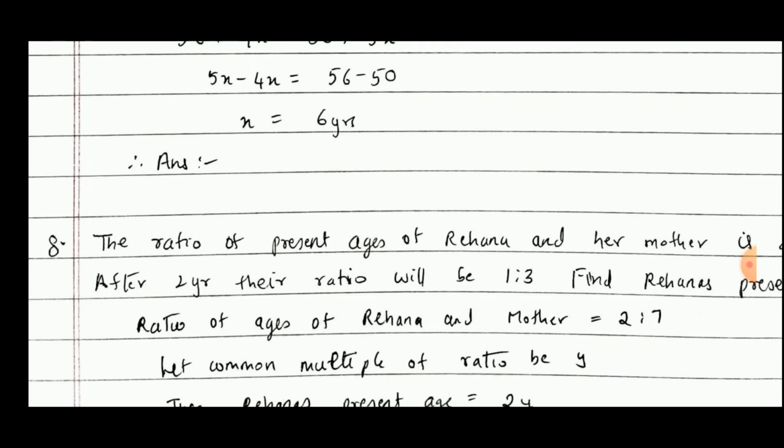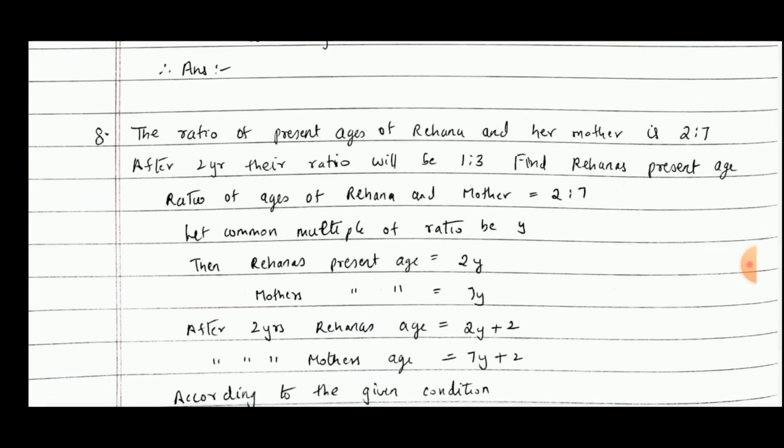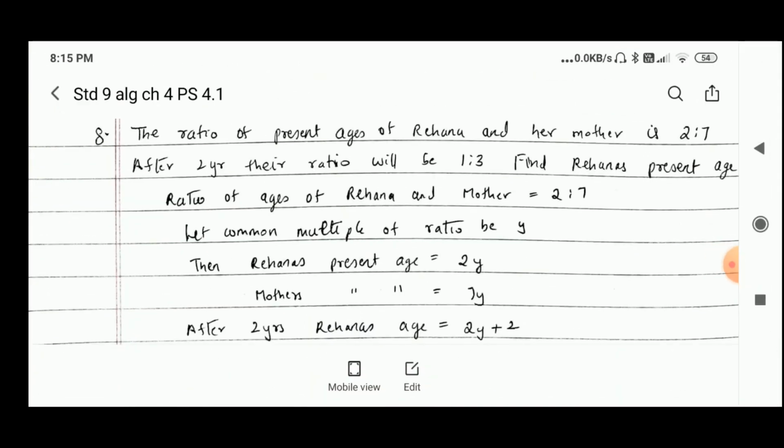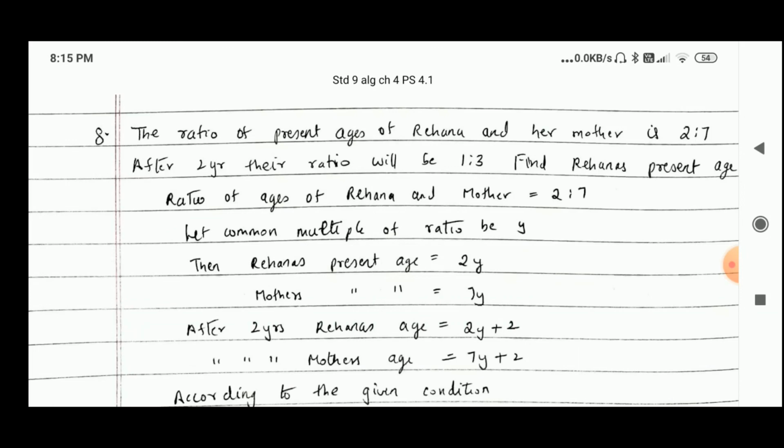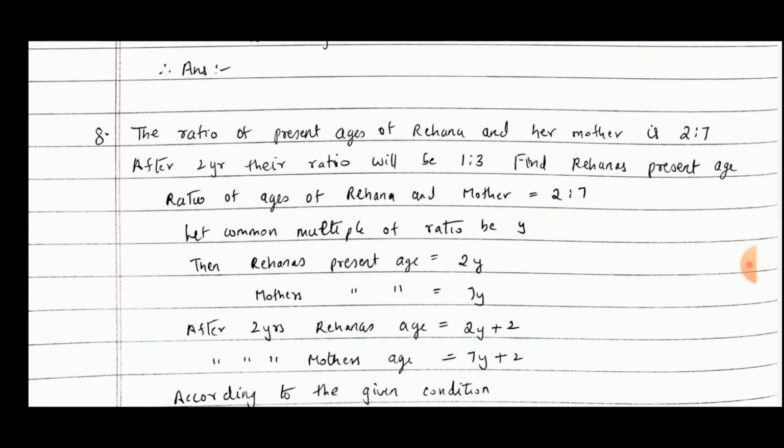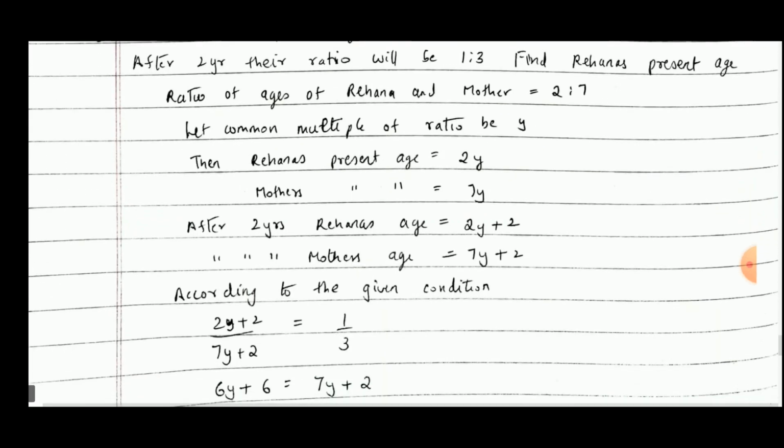Now, the ratio of the present ages of Rehana and her mother is 2:7. After 2 years, the ratio will be 1:3. Let the common multiple of the ratio be y. So Rehana's present age is 2y and mother's age is 7y.